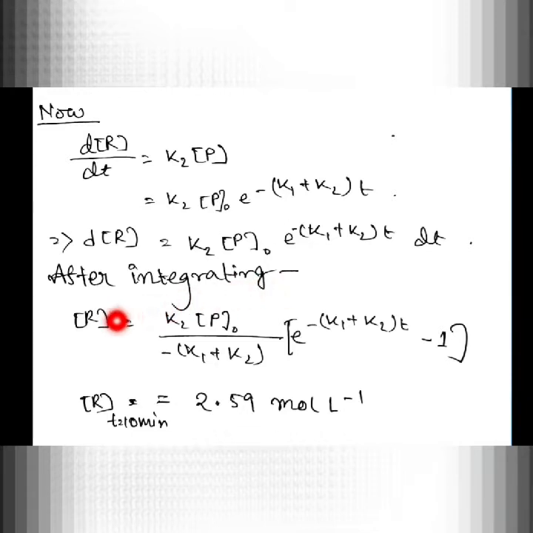K2 into P0 is constant, and the integration of the exponential gives e to the power minus (K1 plus K2) T divided by minus (K1 plus K2), with limits 0 to T. Putting in the limits, we get R is equal to K2 P0 divided by minus (K1 plus K2), into e to the power minus (K1 plus K2) T minus 1. All values are given: K2, K1, P0 and T.